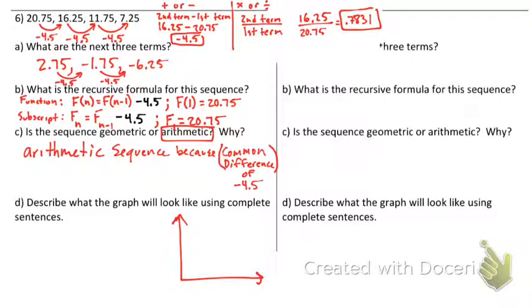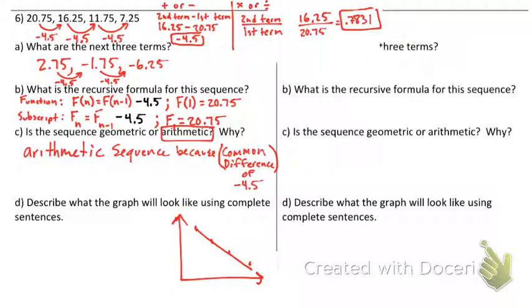So if we had to graph this sequence, we know it's a line graph because it's arithmetic. And we know it starts high and it's reducing. So that means it's decreasing from left to right. So it's going to look like this. Okay, it's a line graph that's going down from left to right.